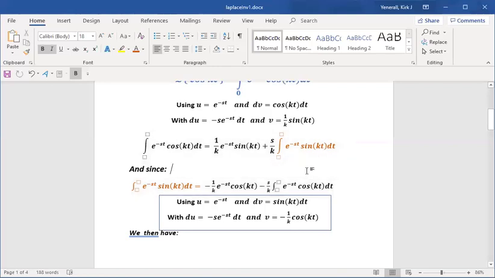When I replace the antiderivative of the e to the minus st sine of kt with this sum, here's what we're going to find.